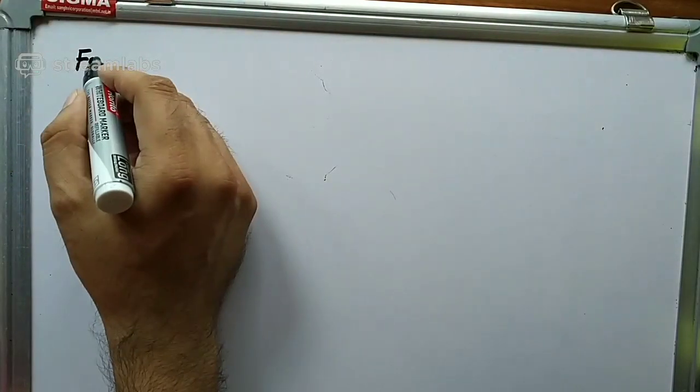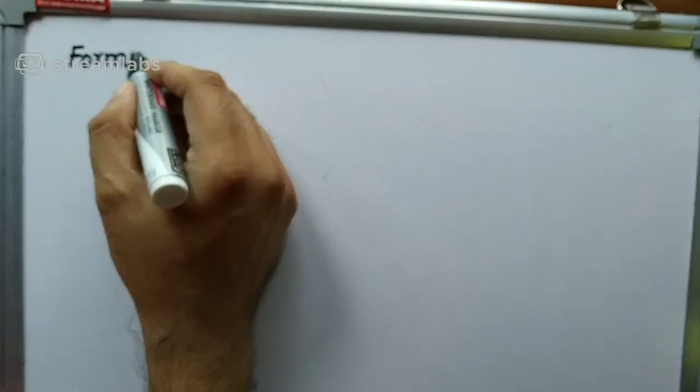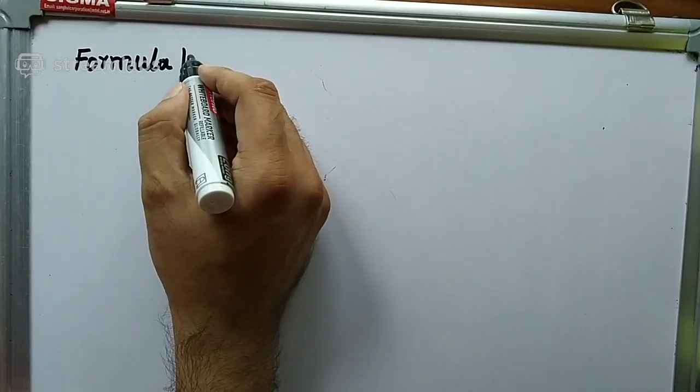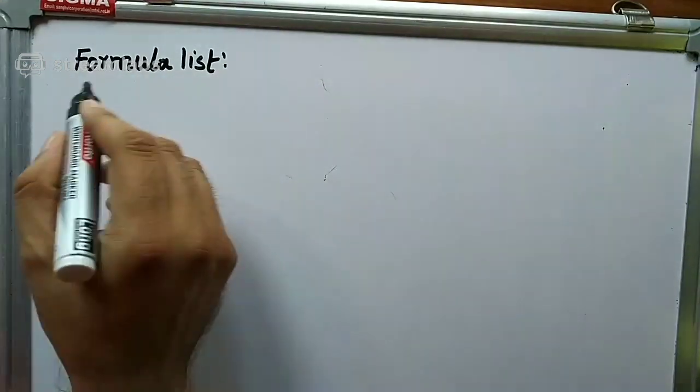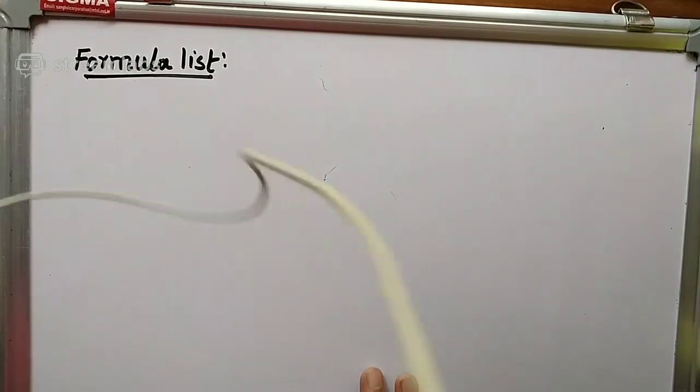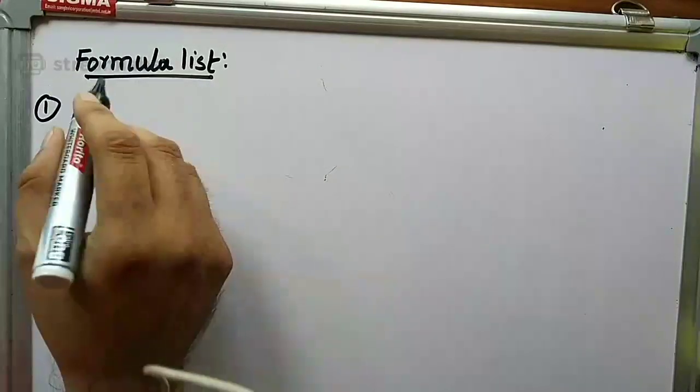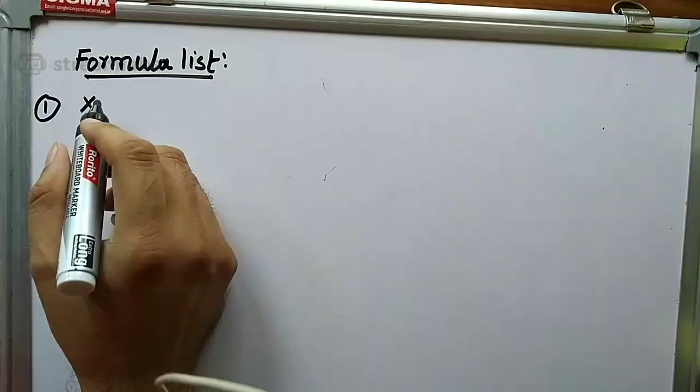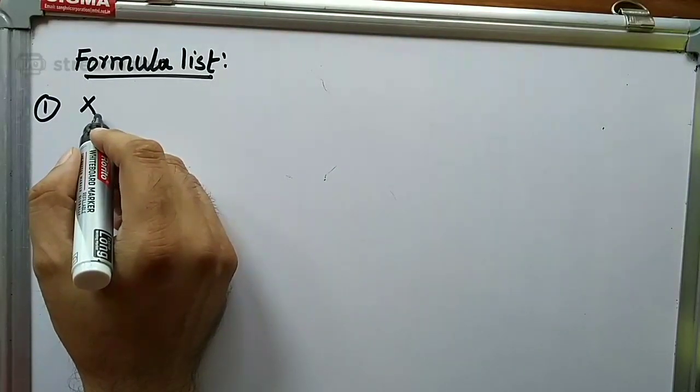Important formulas, formula list that you need to remember from the chapter of solutions. Let me start writing the formula list. First one, you need to remember the formula of mole fraction of two components.